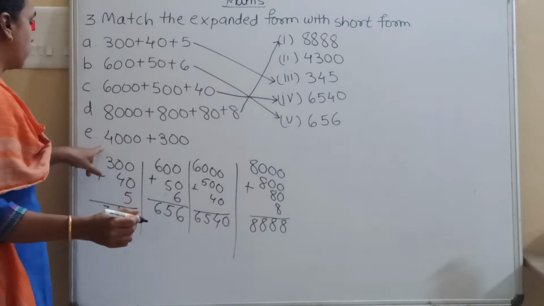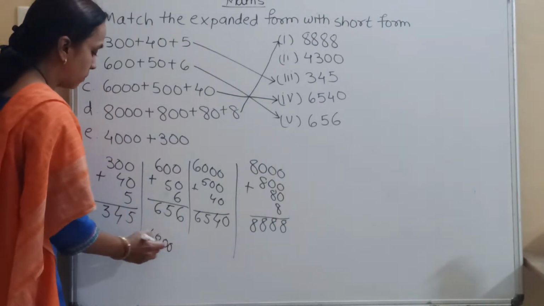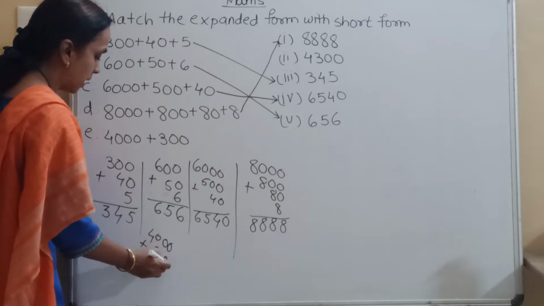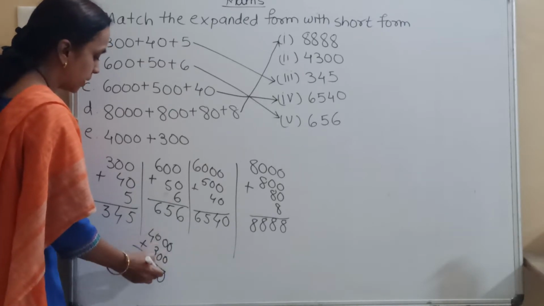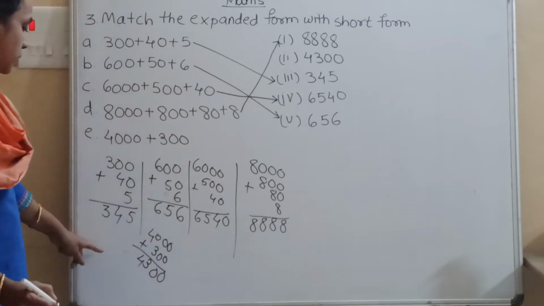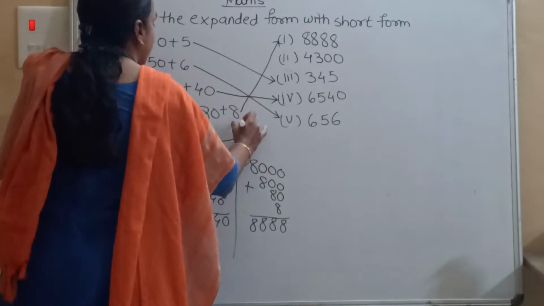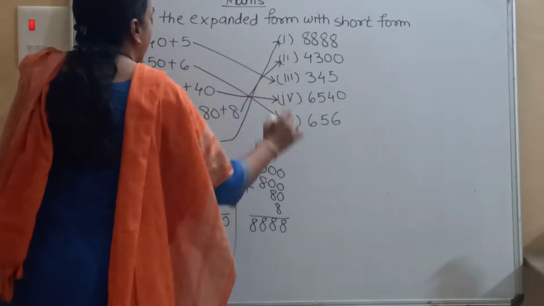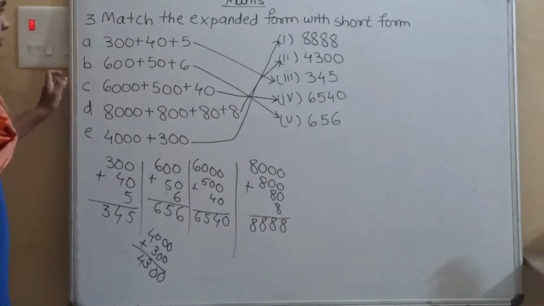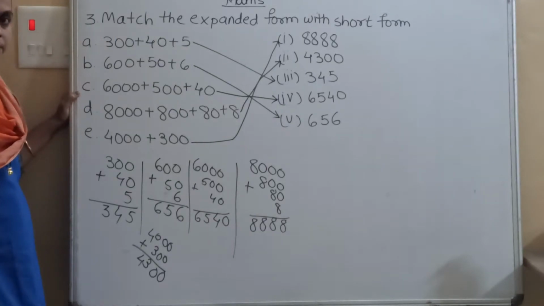Now what is remaining? 4000 plus 300. 0 plus 0, 0; 0 plus 0, 0; 3 plus 0, 3; and this 4 as it is. What is the answer? 4300. So give the arrow like this here. In this way you complete this question in your textbook.